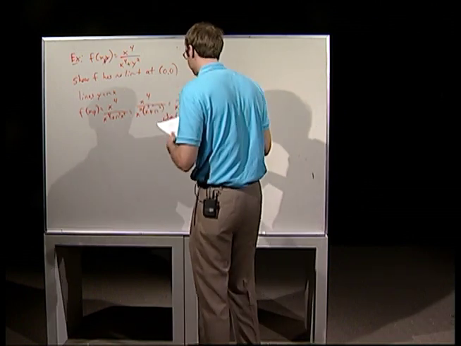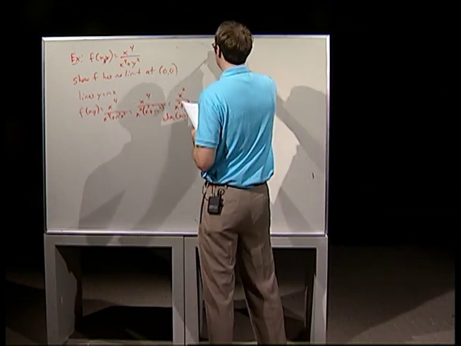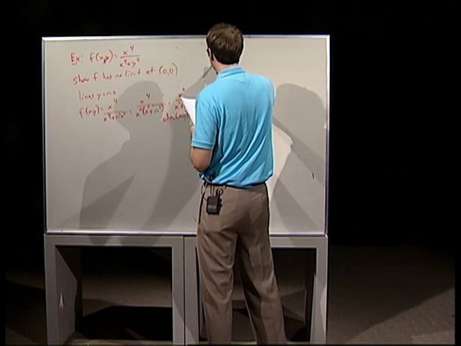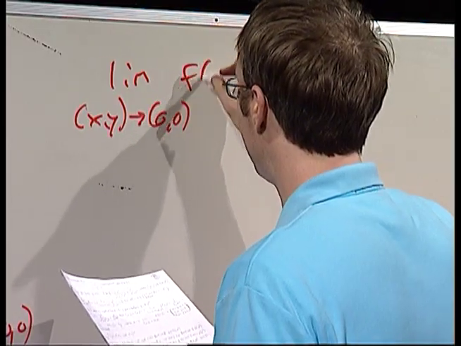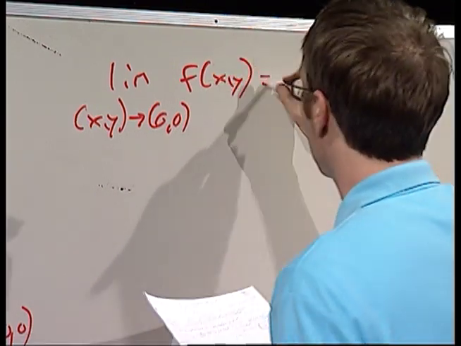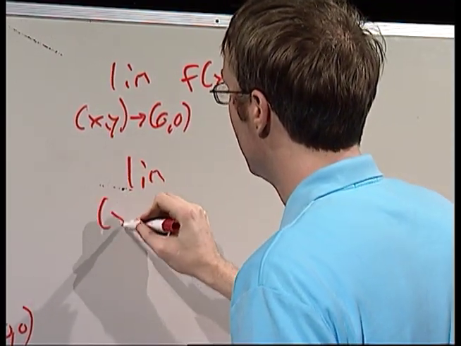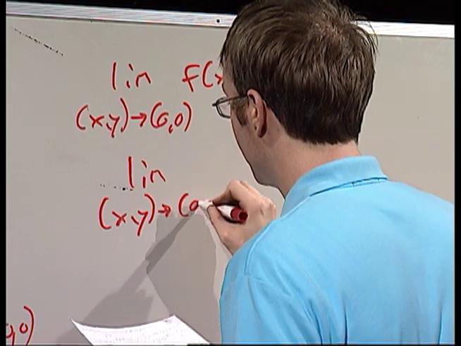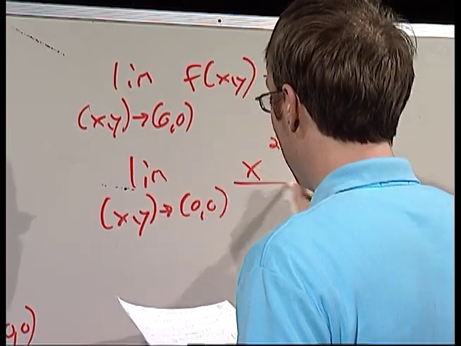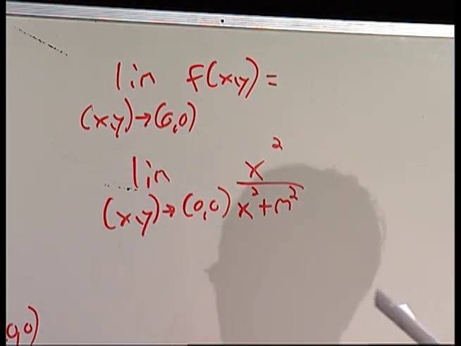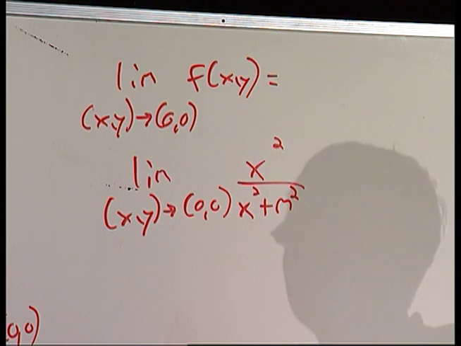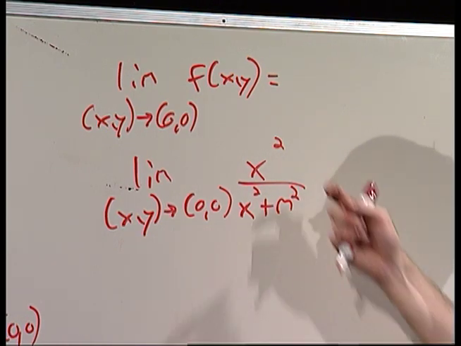But that means that the limit as x, y goes to 0, 0 of f of x, y is equal to the limit as x, y goes to 0, 0 of x squared over x squared plus m squared. I can plug in 0 here, right? The top is 0.